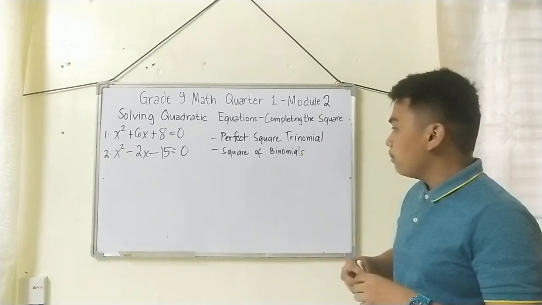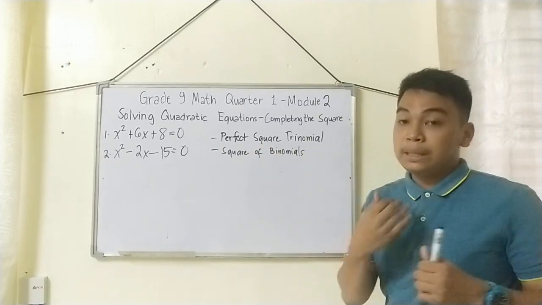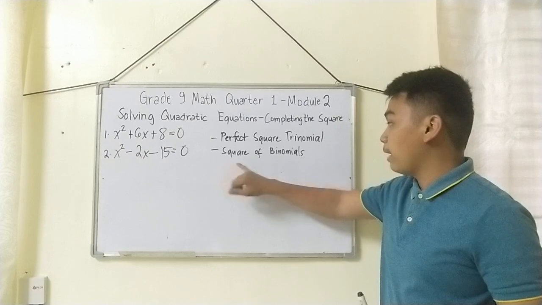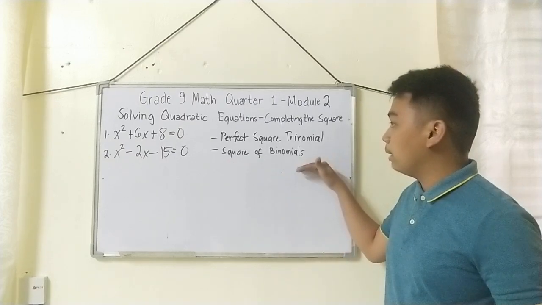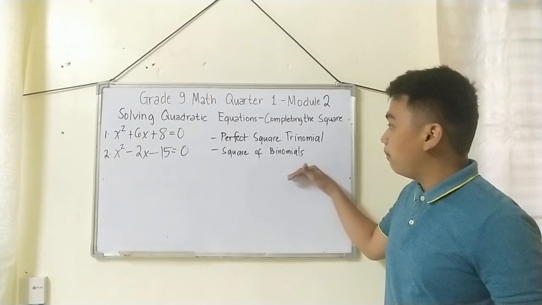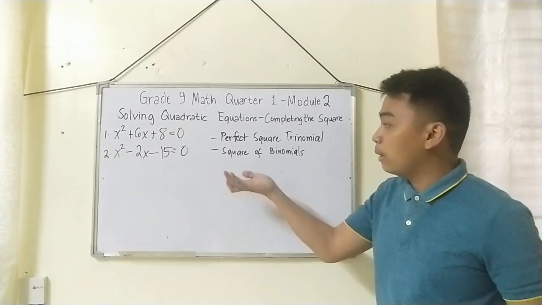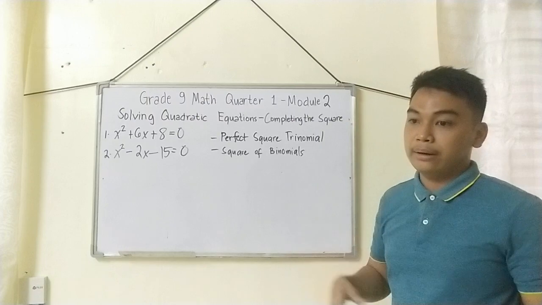So, this perfect square trinomial or PST and the square of binomials, Hobbiters, are what we need to use to solve the quadratic equation by completing the square.